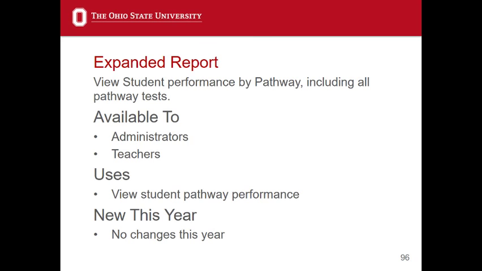Given a chosen pathway, it will show you each student's score in that pathway, as well as all the tests in that pathway that they have taken. So you can quickly go through a given pathway and see how students are doing. It's also a great way to see, oh, this student needs to retest here. This student didn't pass this test last year, so if I give it again and they do better, they might increase their chances of passing the pathway overall.